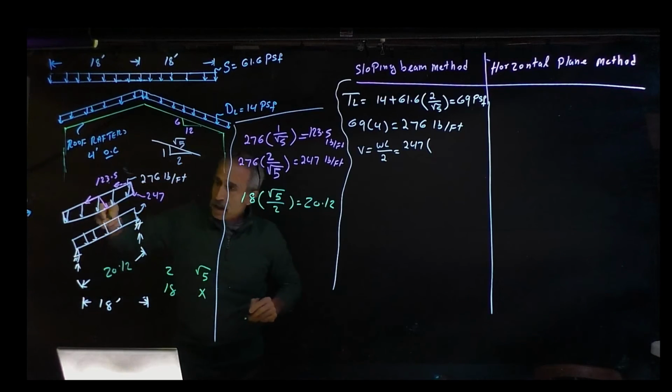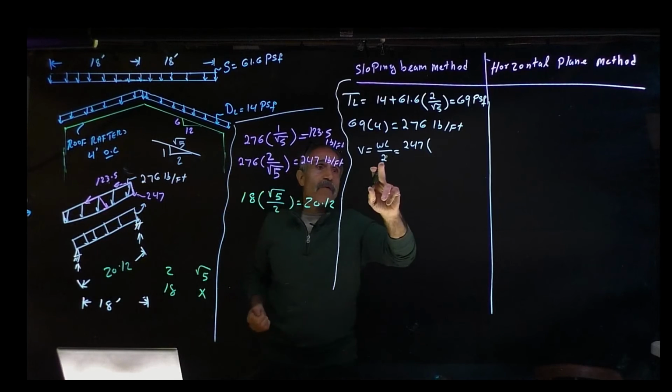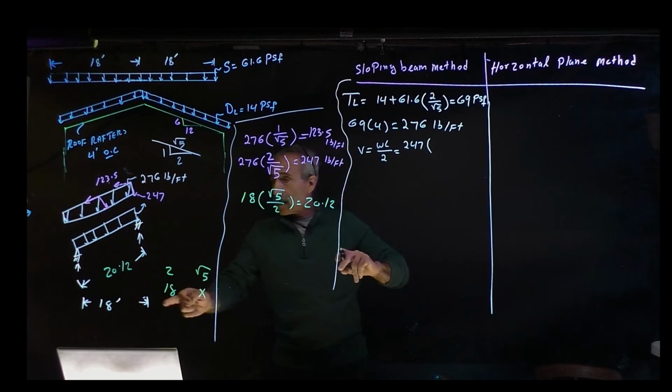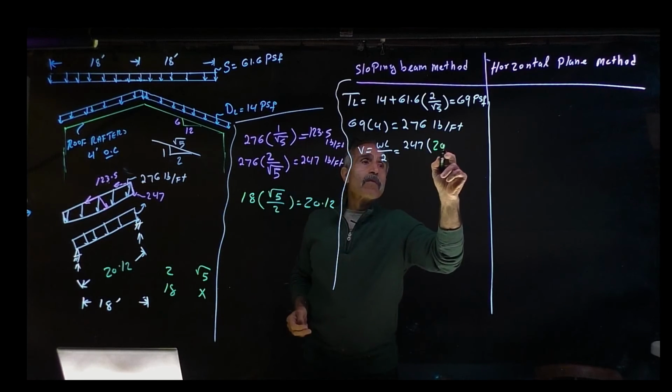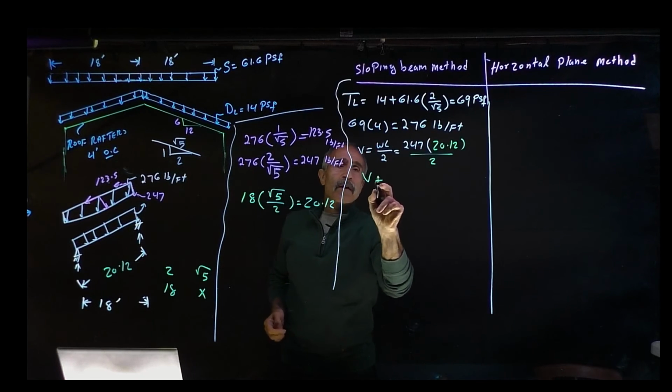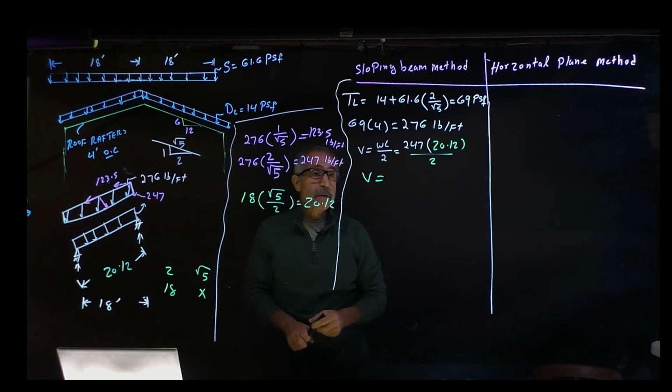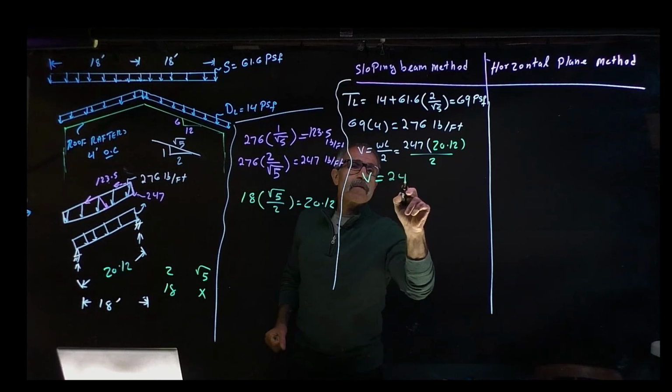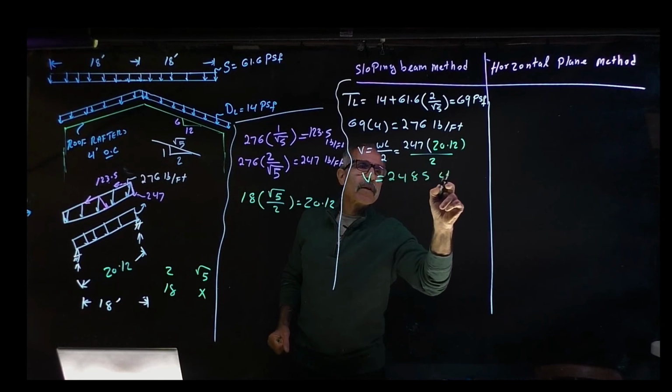Now, because the force is perpendicular, I have 247 times the length of 20.12, and divide that by 2. Our V comes out to 2485 pounds.